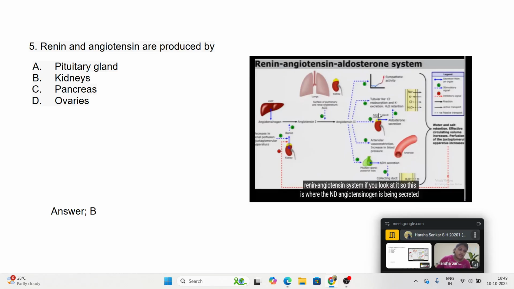They also act on ADH secretion. ADH is vasopressin secretion. So all kinds of homeostasis maintenance are regulated like that. That is why it is known as the RAA system, the renin, angiotensin, aldosterone system. Water and salt retention and pressure maintenance are among the main functions.